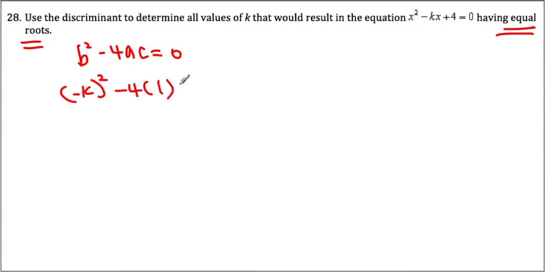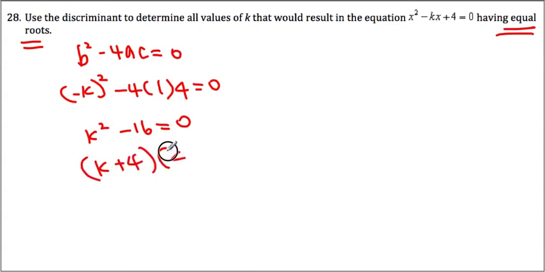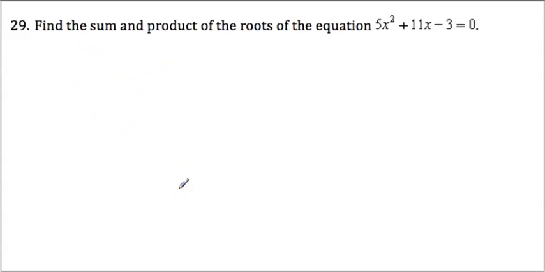And c is equal to 4. It has to equal 0. That means k squared minus 16 is equal to 0. We can factor that: k plus 4, k minus 4 is equal to 0. Hence k will be plus or minus 4. Any one of them would have been our answer, but in fact they are looking for all values, so plus or minus 4.